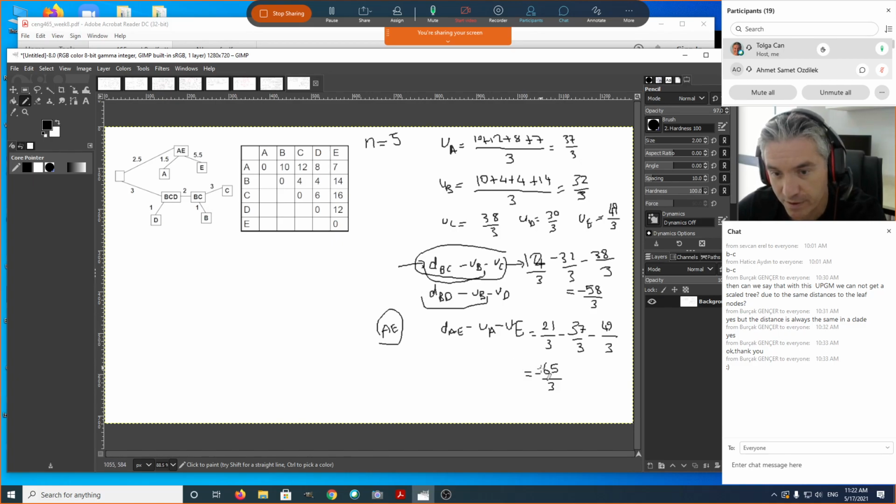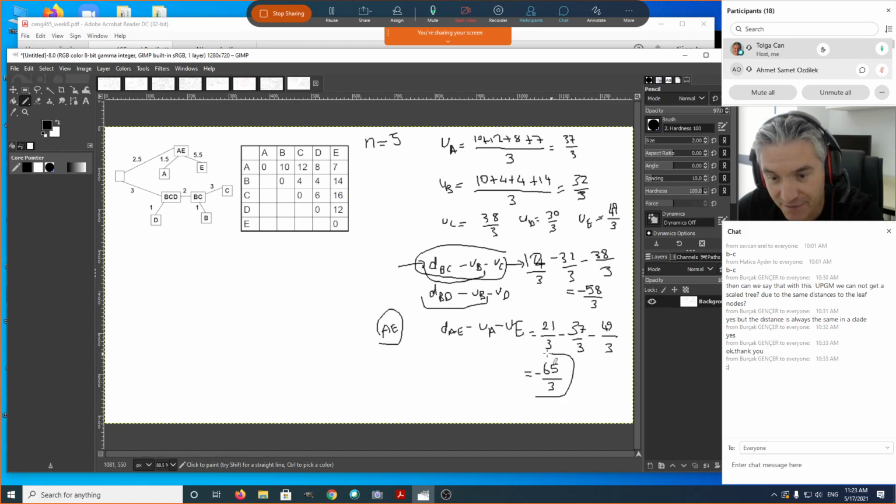We want this measure to be as small as possible because we want them to be close to each other, and we want them to be far away from the rest. So the pair of objects for which this measure is smallest, we are going to choose as the pair to combine.